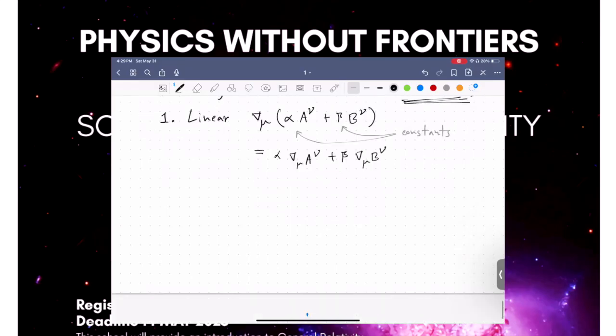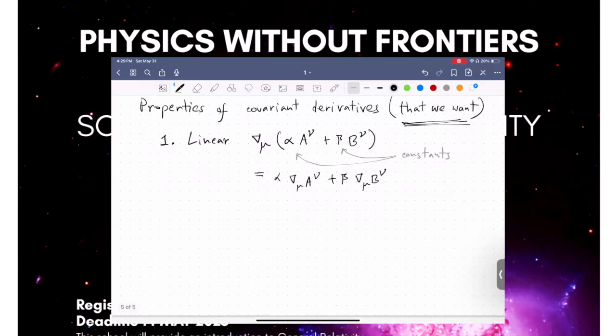Okay. I think you will all agree that this is very reasonable. Another extremely important property of derivatives is that they follow the Leibniz rule. So it can be distributed over products. And again, we want that property to hold. So what does this mean?